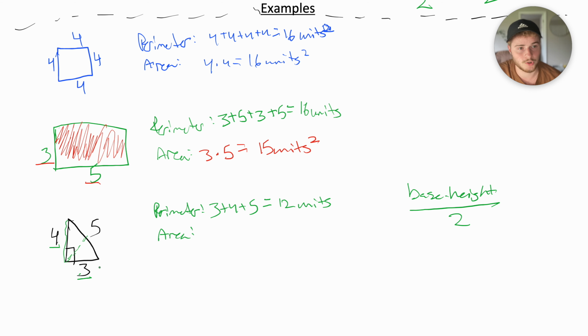We talked about the triangle already before the example. We said that the base is 3. We said that the height from the bottom of the triangle to the very top is 4. We're going to divide that all by 2. So 3 times 4 is 12, divided by 2 is 6 units squared.